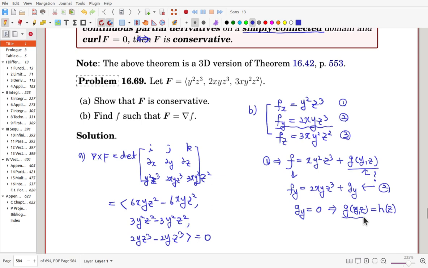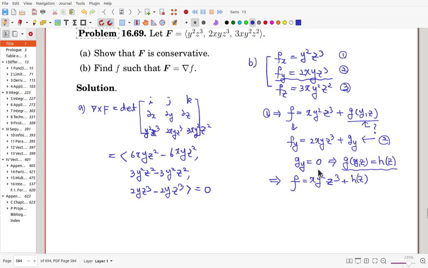So we have that. We can rewrite f as xy squared z cubed plus a function of z. Right? Now we have to decide this portion. So the new question is, what is this one?